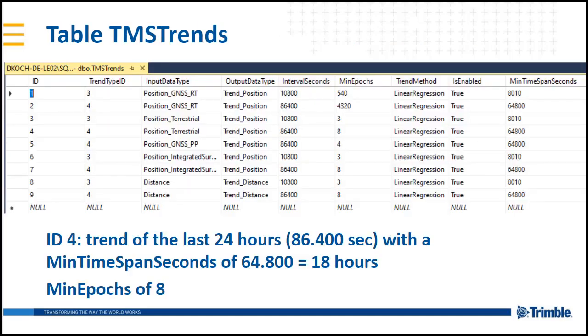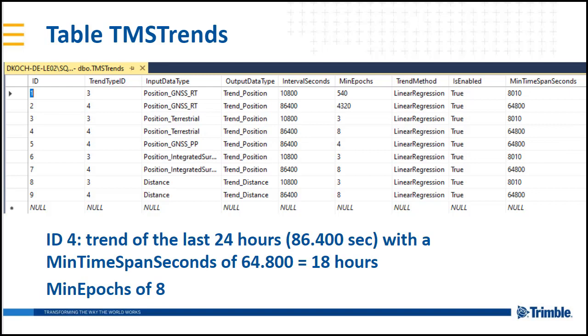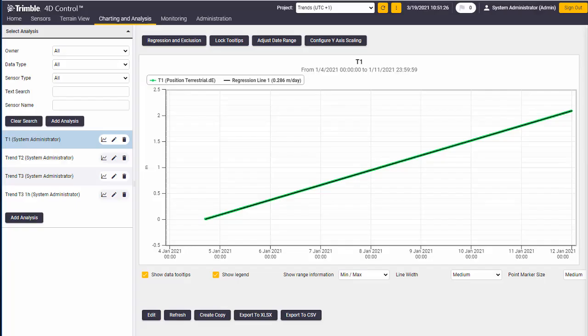The configuration of the trend calculation is done in the table TMS trends in the database. The most commonly used trend is the trend with the ID 4. It's the trend of the last 24 hours with a minimum time span of 18 hours and a minimum number of epochs of 8. If you want to change something in this table, contact support for assistance.